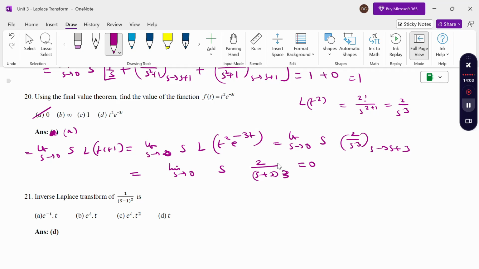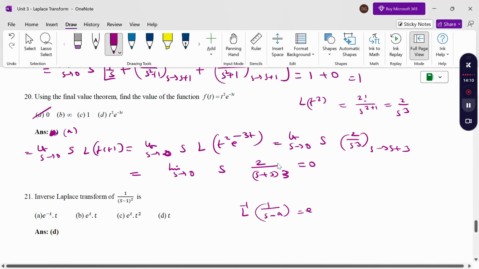Then the inverse Laplace transform for this term: L inverse of 1 by s minus a is e power at.